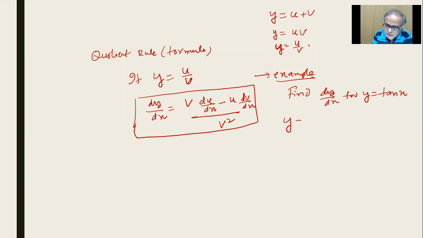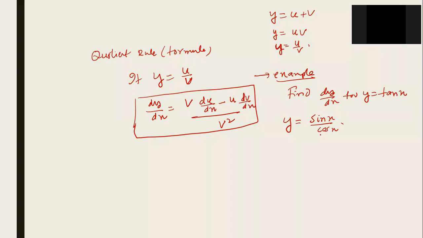Y equals tan x can be written as sin x by cos x. So this is in u by v form, right? Let me write dy by dx using the u by v form.